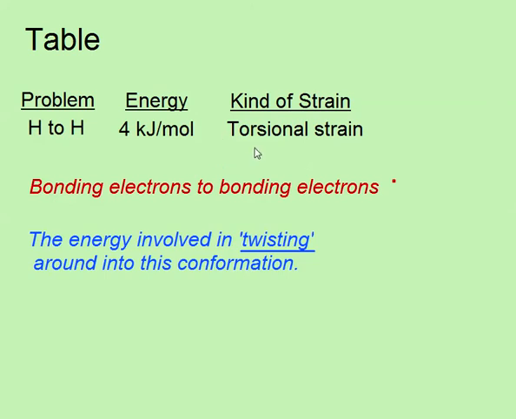So as we rotate or twist the carbon-to-carbon bond into that eclipsed conformation, putting hydrogens on top of each other across the carbon-to-carbon bond, it leads to this 4 kilojoules per mole of strain energy.